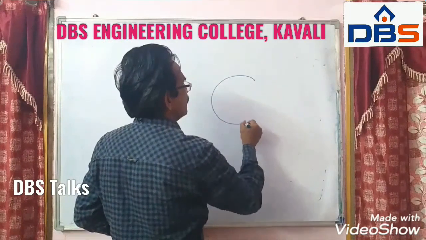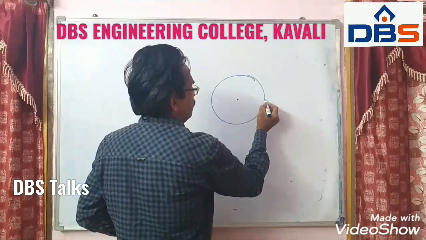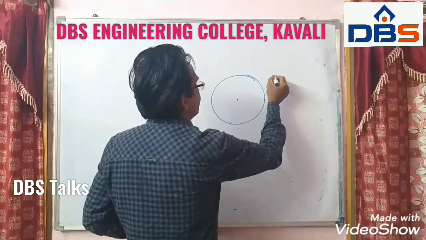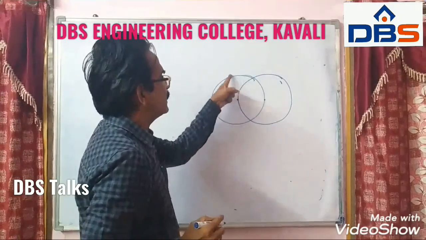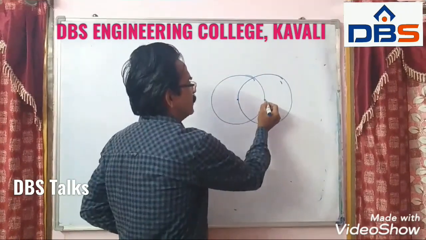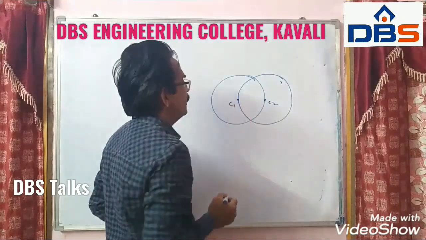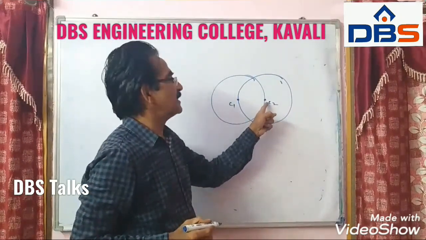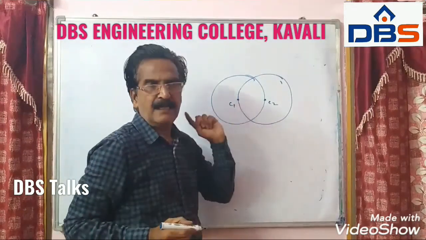See, friends, this is one circle. This is passing through the center of the second circle. So this circle is passing through the center C2, and the other circle is passing through the center C1.